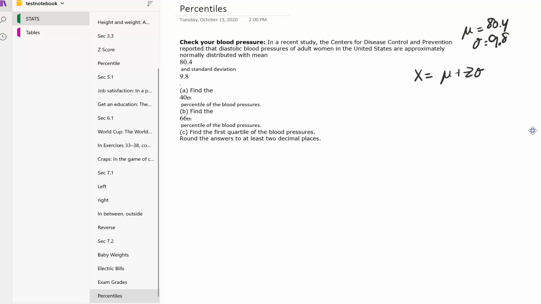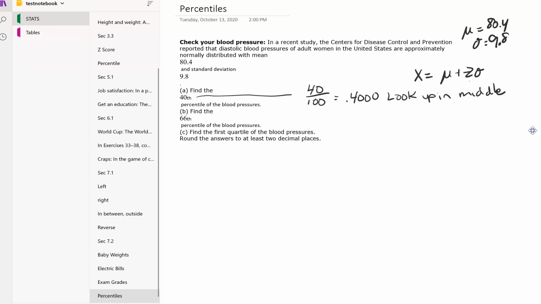So we rewrite the formula that we just used, solving for x, and we have to find z. So for the 40th percentile, when you're looking at percentiles, you convert them to decimal, so 40 divided by 100, so it's 0.4000. This is what I want to look up in the middle.